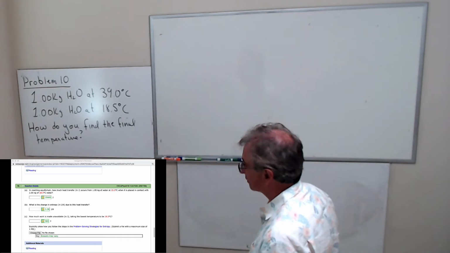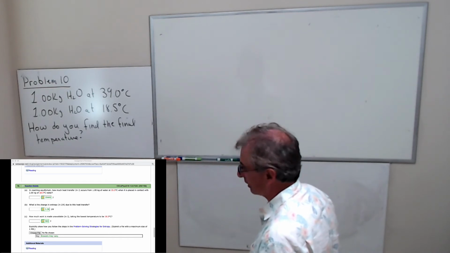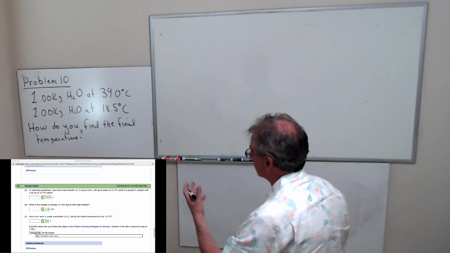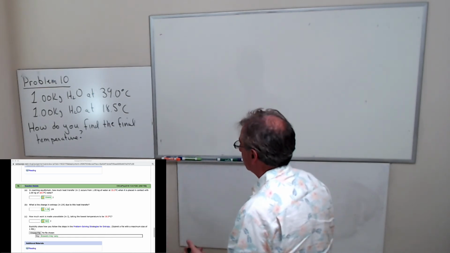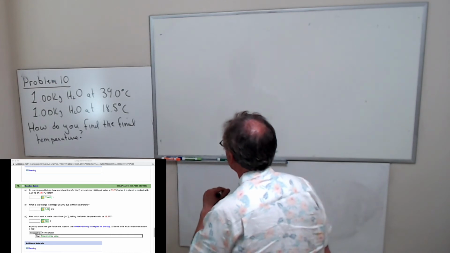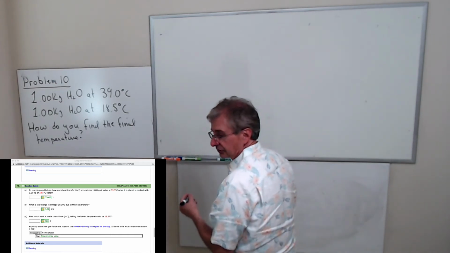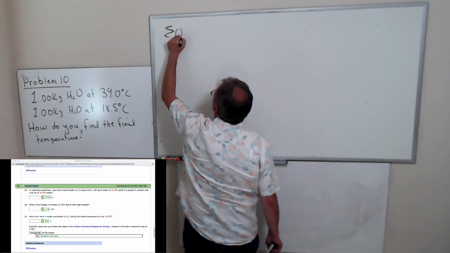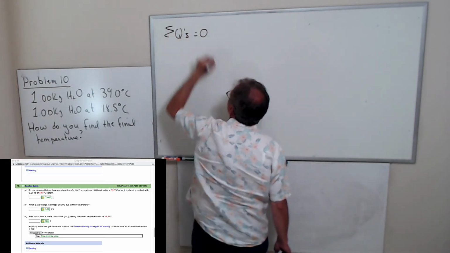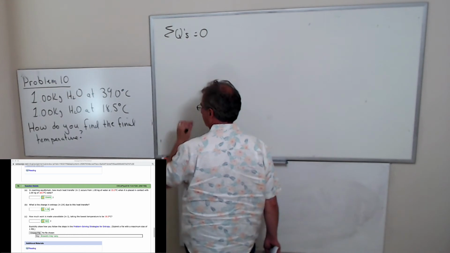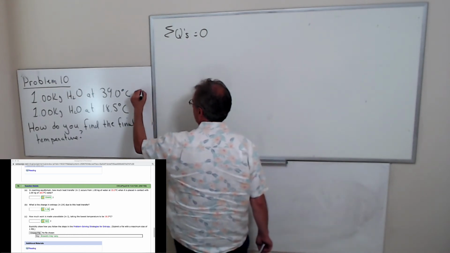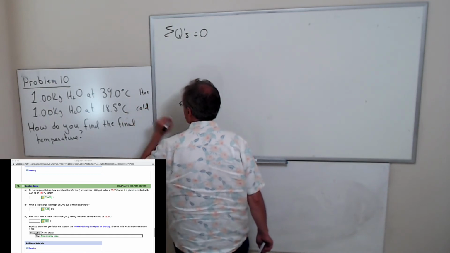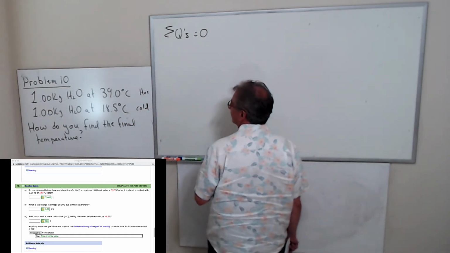And I can do it the long way. I can set it up as a calorimetry problem. And this problem is actually not that hard because the masses are the same. But let me set it up as a calorimetry problem. Okay? So I'm going to say that the sum of the Q's equals 0. And I'm going to say that this isn't the hot one. This is the cold one. Okay?